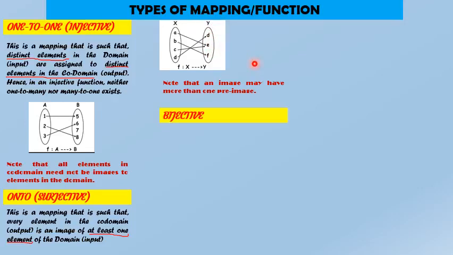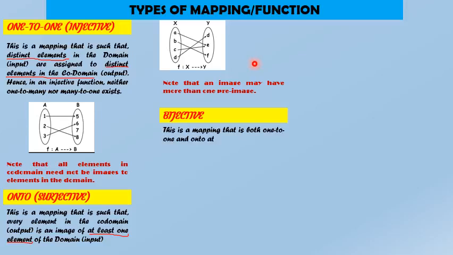So the next one now, we have what we call bijective mapping. As the name implies, what do we mean by bijective? This is a mapping that is both onto and one-to-one at the same time.